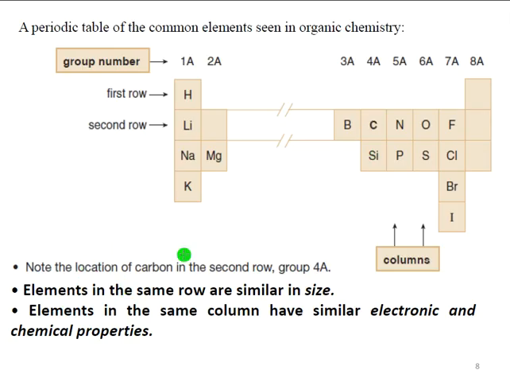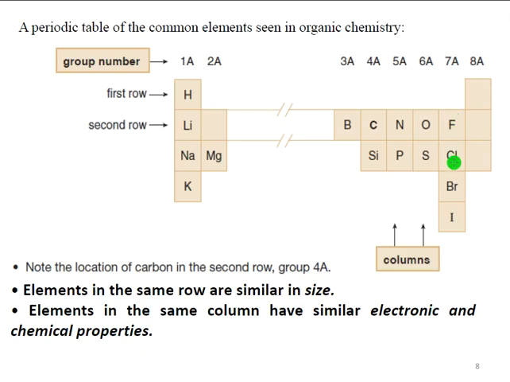The elements in the same row, for example lithium, beryllium, carbon, nitrogen, oxygen, fluorine, have similar size, نفس الحجم. Also this is similar in size. And the elements in the same column have similar electronic and chemical properties.